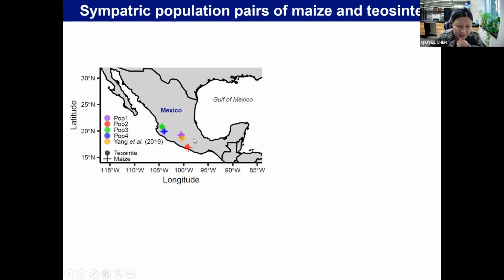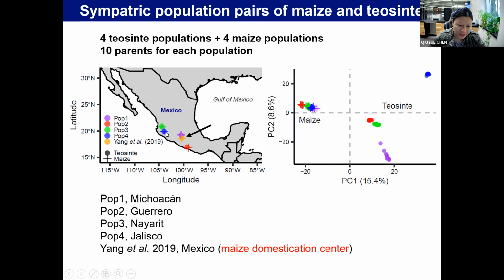As shown in this map, the orange color shows where the previous study sampled the population, which is in the state of Mexico, right at the maize domestication center. To broaden the research questions, we further sampled 4 additional sympatric population pairs of maize and teosinte in 4 states from Mexico.